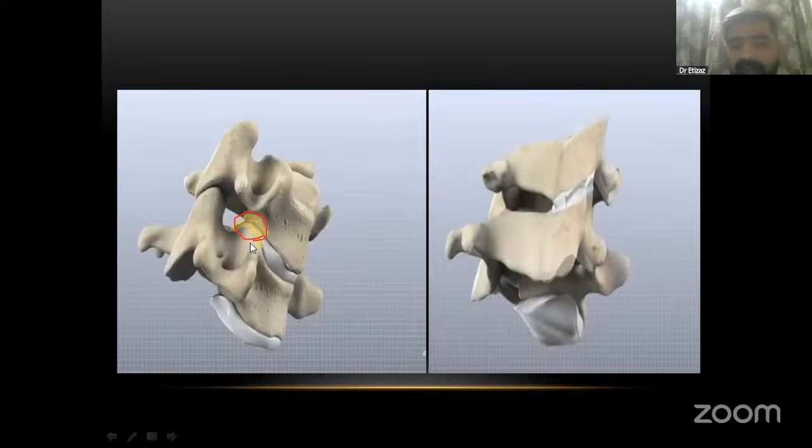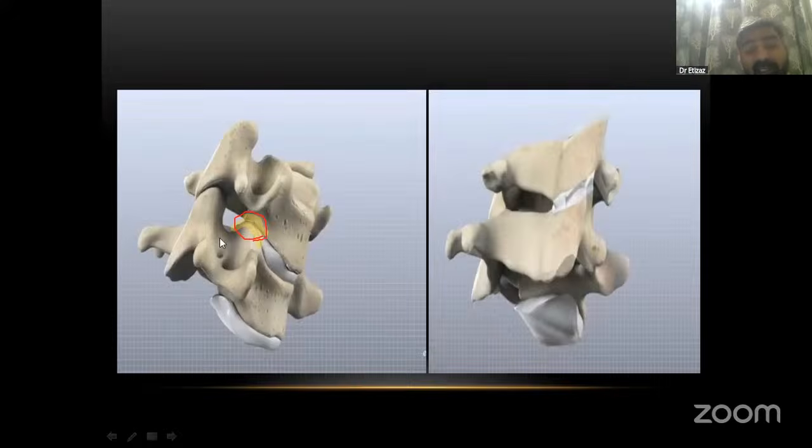Anyone who can try? Look here. The cervical spine is a very mobile area that has flexion, extension, lateral flexion, and rotatory movements. All movements are there in the cervical spine. Some joints help in flexion and extension.